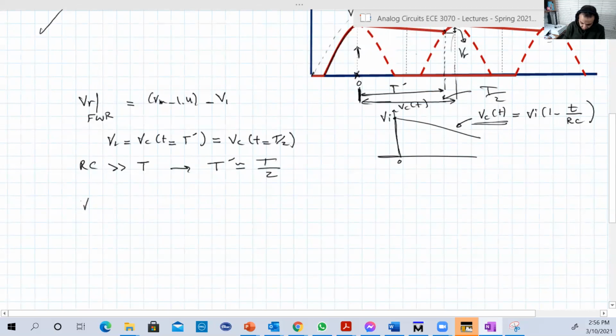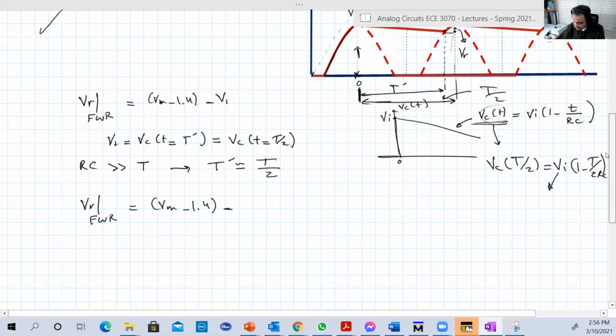So Vr, full wave rectifier, equals Vmax minus 1.4 minus V1, where V1 is Vc when t is equal to T over 2. So this will be Vi times 1 minus T over 2RC.